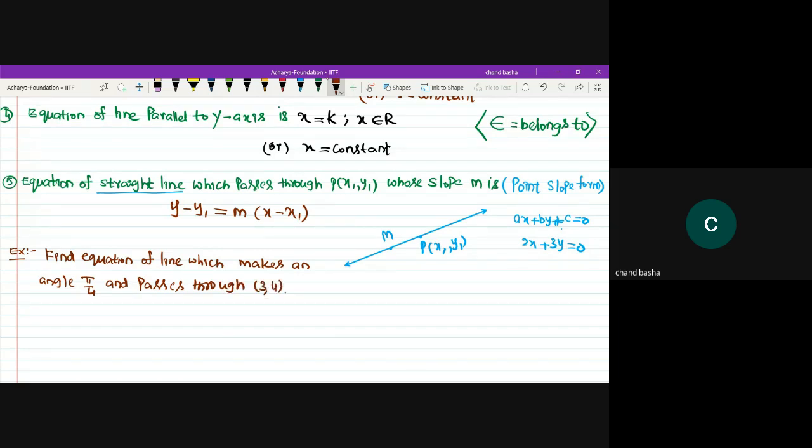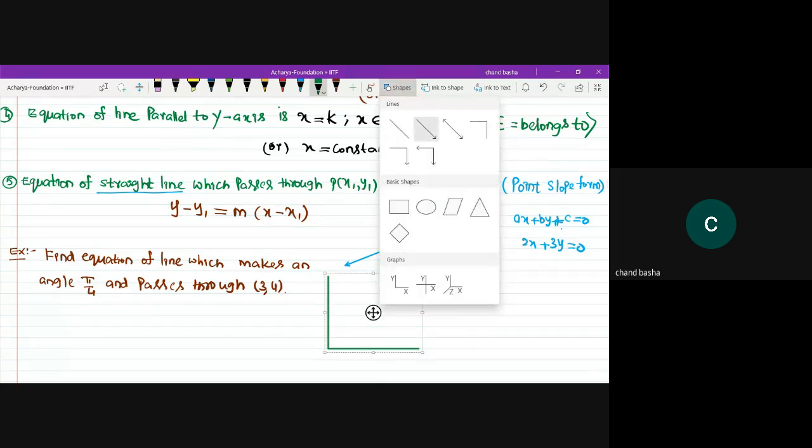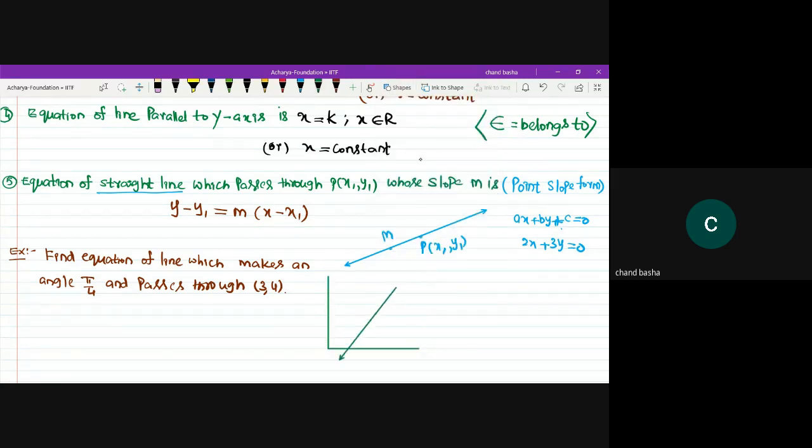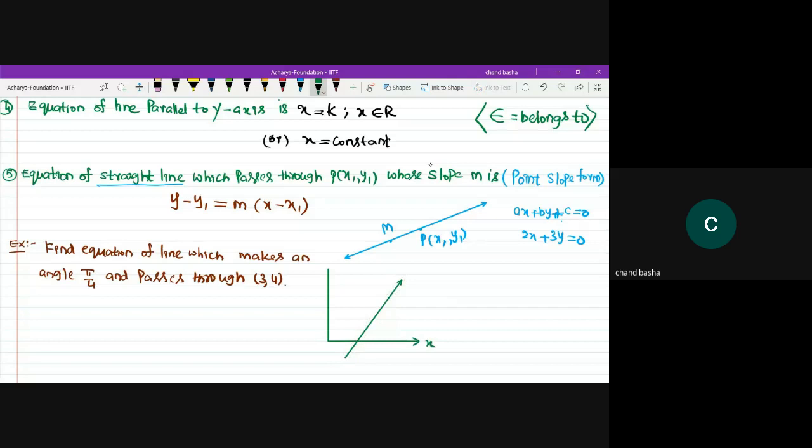He is asking the equation of the straight line which passes through one point and makes an angle. How much angle? Pi by 4, right? I can take one line, guys, which makes an angle pi by 4 with the positive direction of the x-axis.